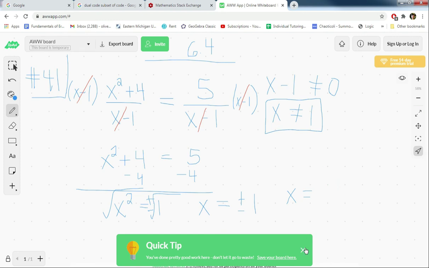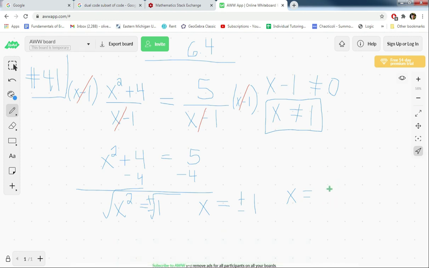So in other words, what we need to say is that x is equal to just minus 1. That's the only real, or only true solution, I guess. Or the only valid solution to this problem is x equals negative 1.